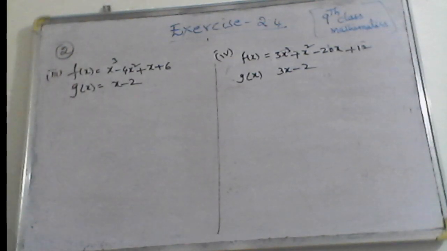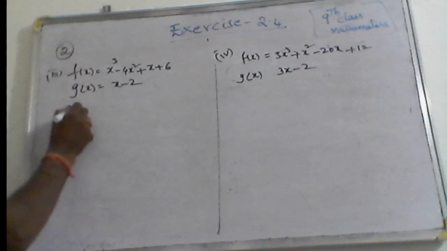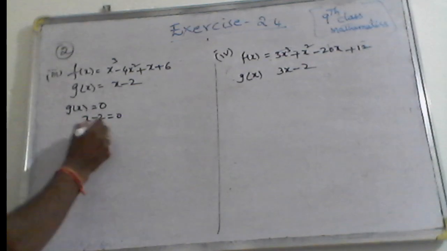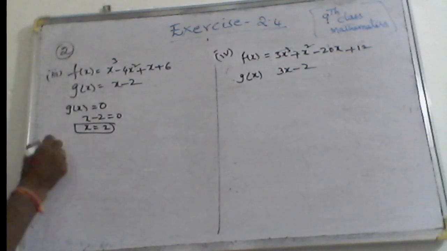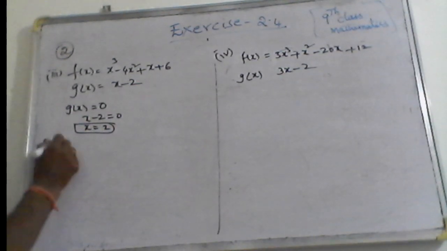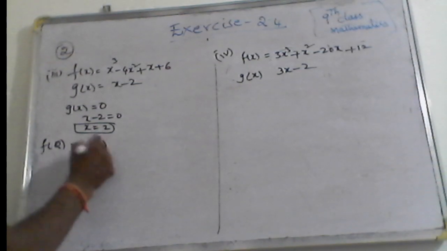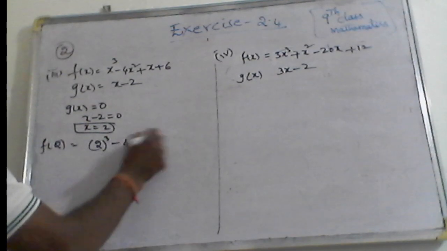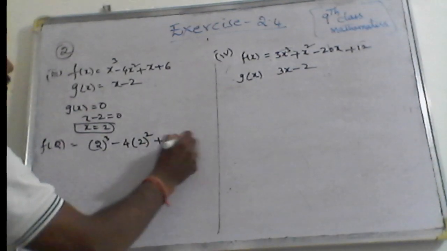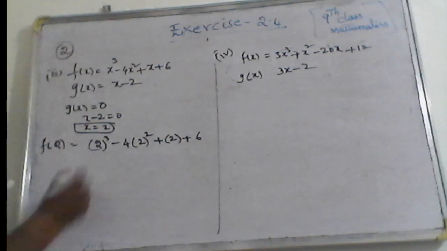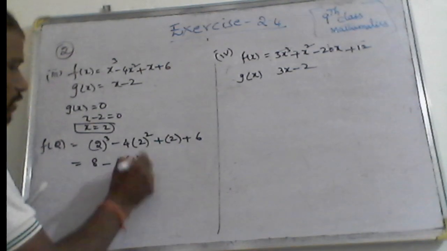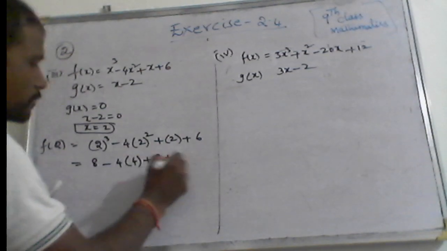So g of x equal to 0, x minus 2 equal to 0, x equal to 2. So f of 2 equal to 2 whole cube minus 4 into 2 whole square plus 2 plus 6. So 2 whole cube is 8, minus 4 into 2 square value 4, plus 2 plus 6.